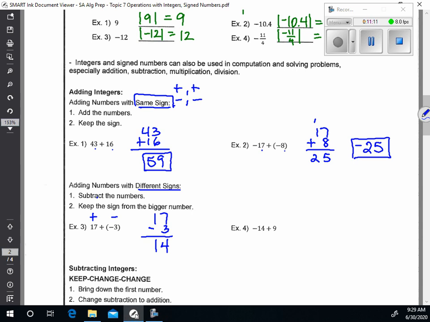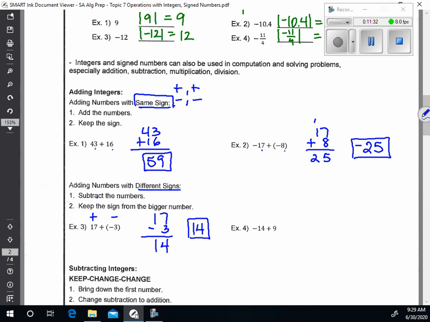Since 17 is bigger than 3, and 17 was positive, your answer would be a positive 14. So again, you subtract the numbers and you keep the sign from the bigger number.